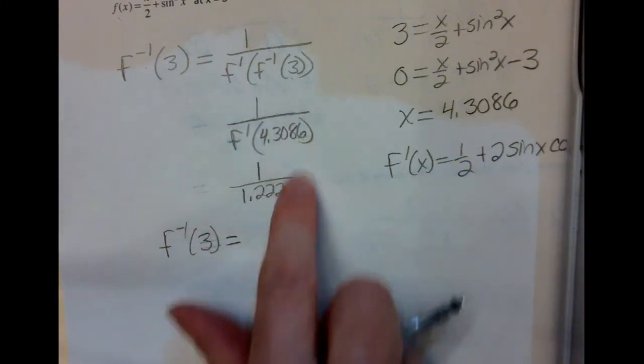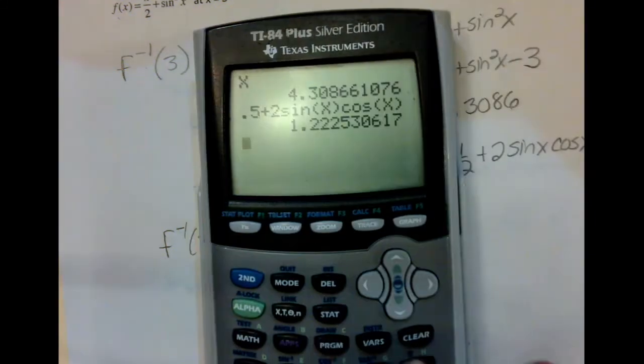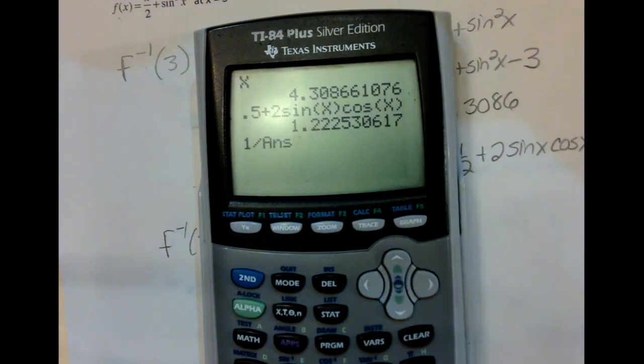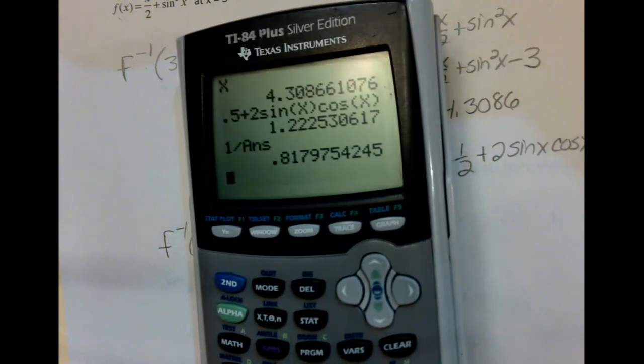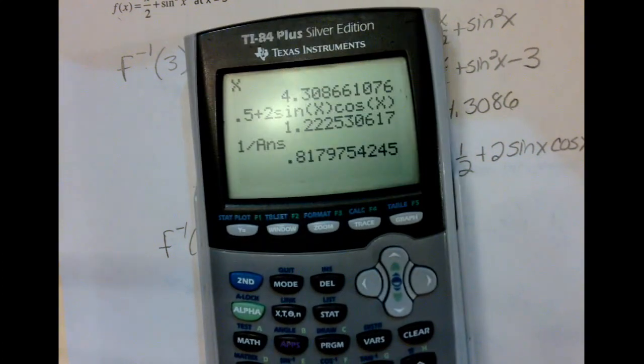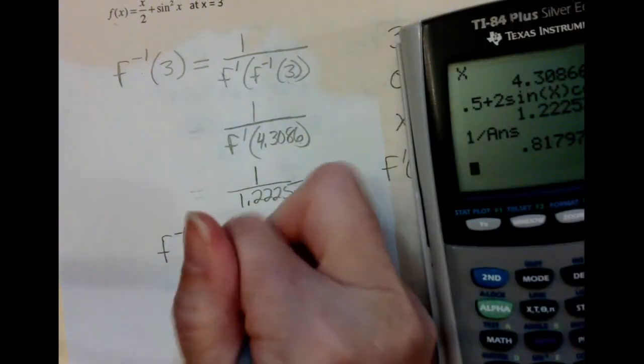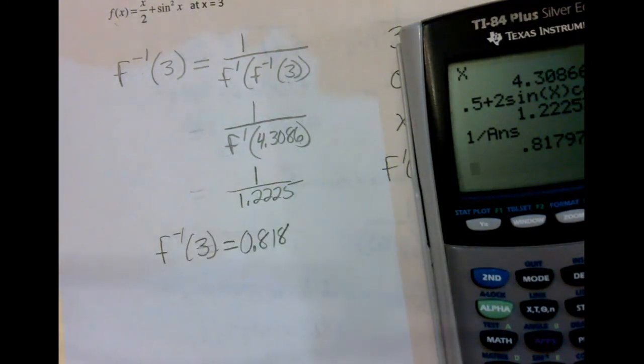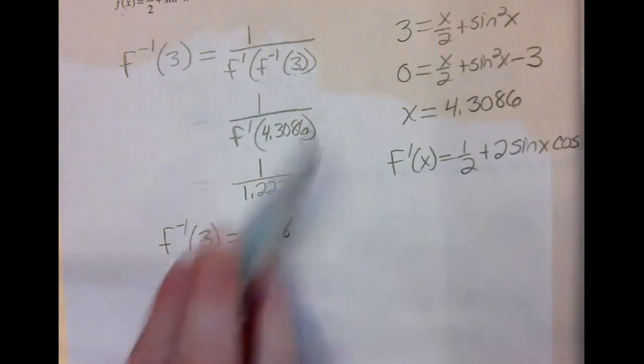I'm just showing the work and the thought process. And I'm going to say 1 divided by second answer. And my end answer for this one is 0.818 for 3 place decimal accuracy. And that's it for 3-7, day 2.